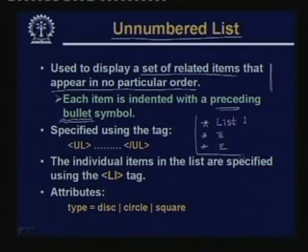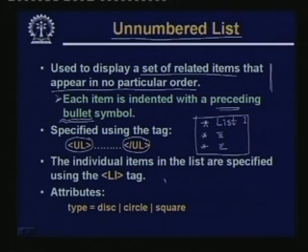In this way you can have a so called bulleted list, and this kind of list is called an unnumbered list, because we are not putting any number 1, 2, 3, 4 like that. These unnumbered lists are specified by the UL tag, begin UL and end UL.